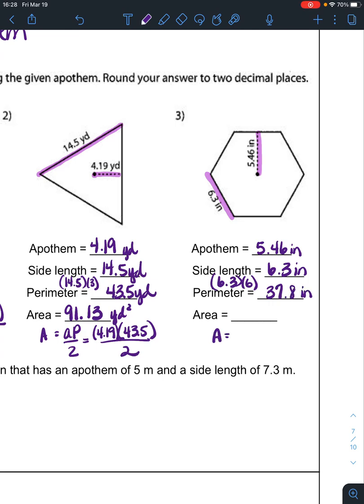And I want the area, which is the apothem times the perimeter over 2. The apothem, 5.46, times the perimeter, 37.8 over 2. 5.46 times 37.8 divided by 2 is 103.19.